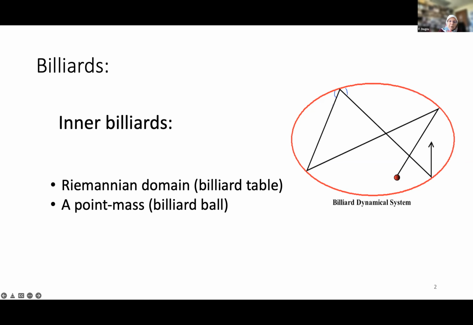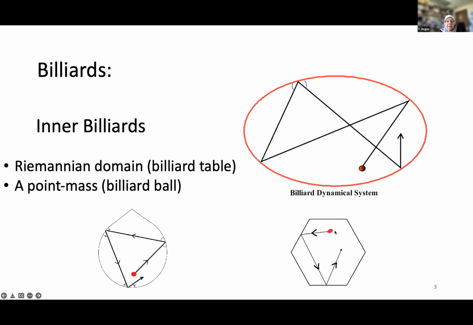The domain that we call a billiard table can also be a polygon. In polygons the definition is exactly the same, but if the point hits a corner of the polygon, then further motion is not defined. Now I will carry the billiard game outside the table.